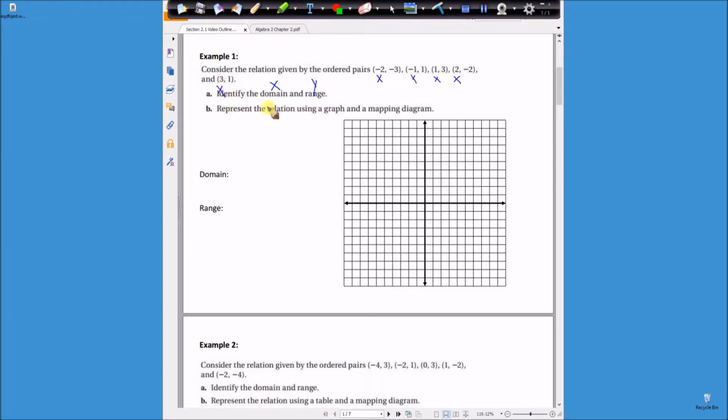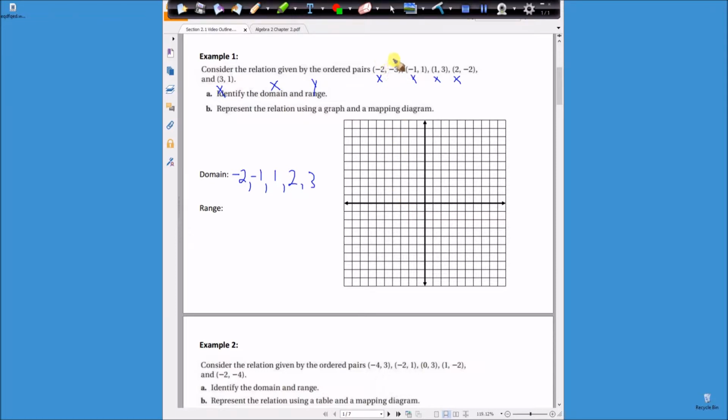Now the thing you have to be careful of: for domain, if there are repeating numbers, you don't write them down twice. In our example here, it doesn't look like we have repeating domain numbers, so we can just list them all. So the domain would be -2, -1, 1, 2, and 3.